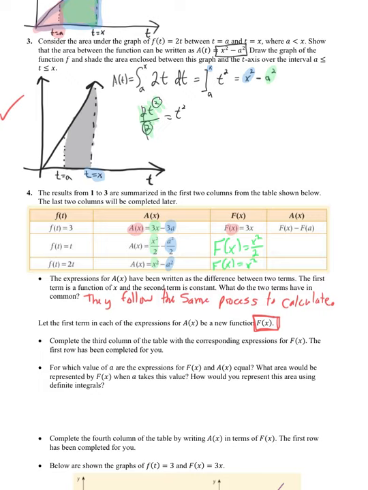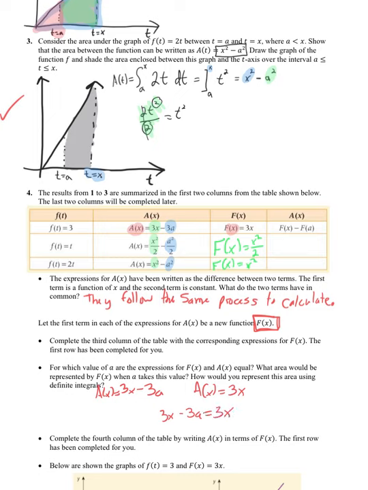Let me ask it again a different way. We have 3x minus 3a, and I said, well, what happens if that's the same thing as 3x? We have 3x minus 3a equals 3x.